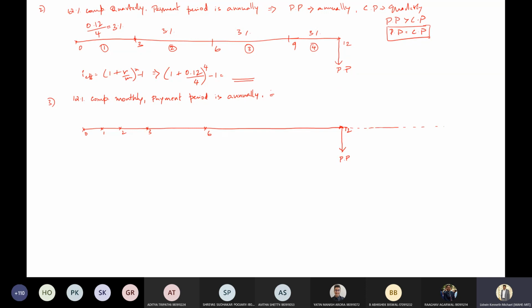So any doubts related to the previous interest rate calculation?